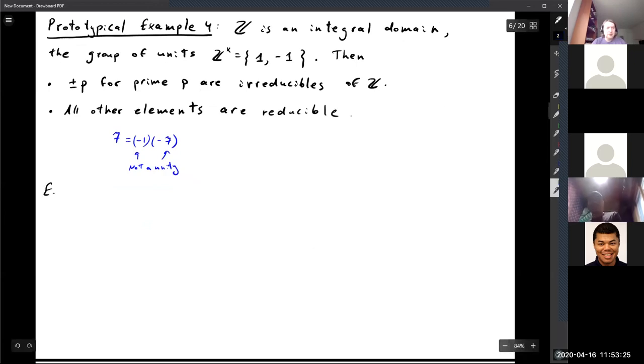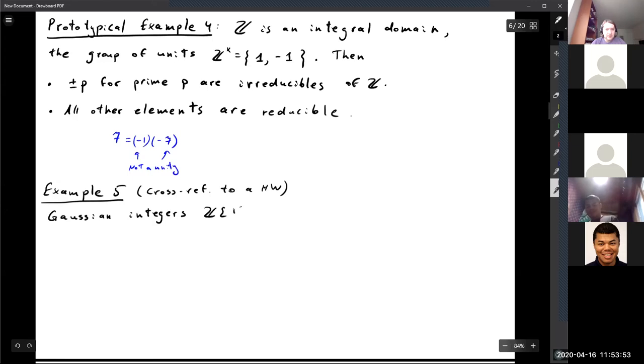Okay, now let's talk about the example of Gaussian primes. That was a cross reference to homework. So Gaussian integers, Z adjoin i. This adjoin here for now has nothing to do with the polynomial ring.